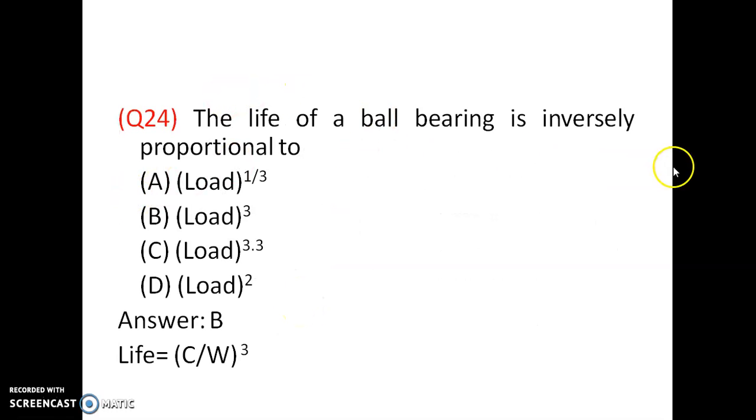The life of a ball bearing is inversely proportional to, it is the same question. So life of a ball bearing is C by W power cube, because C equal to W into L by 10 power 6 power 1 by 3. So life equal to C by W power cube. Life of a ball bearing is inversely proportional to load cube. Option B is correct.